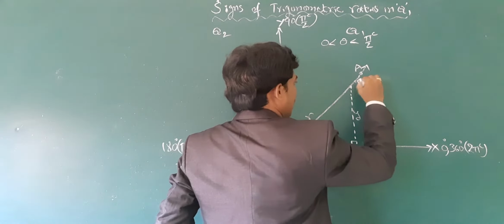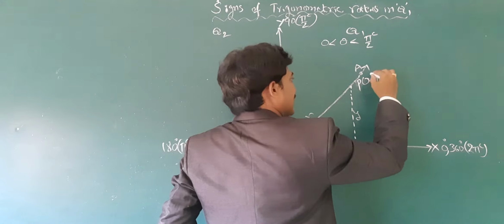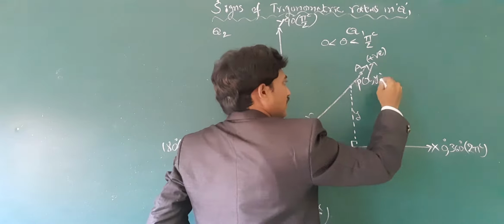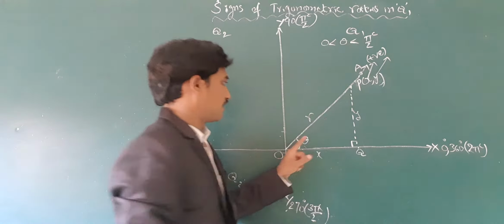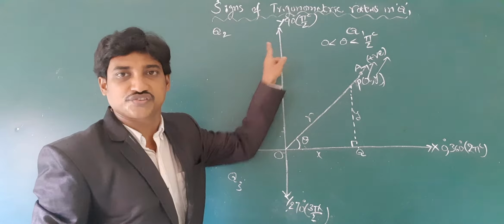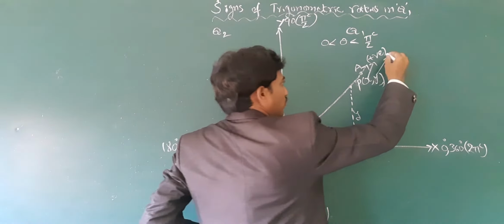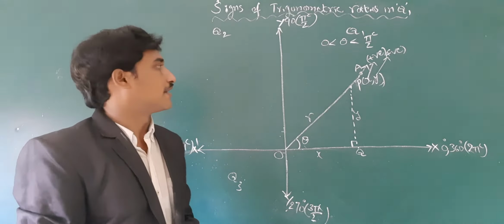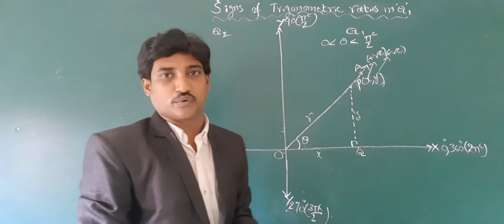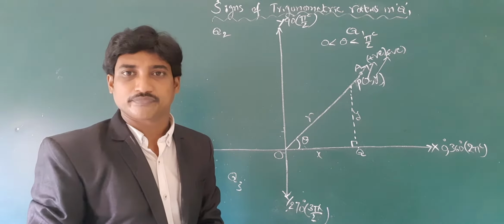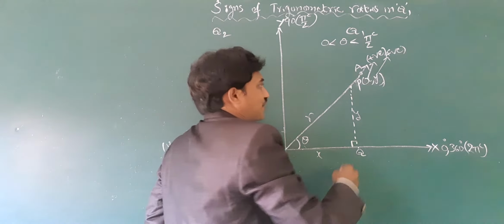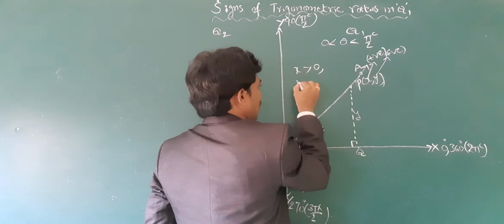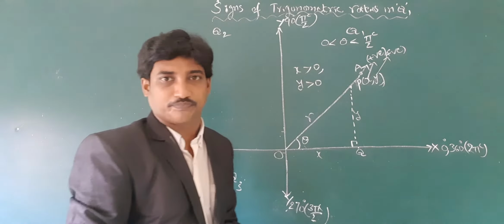In P(x, y), Y is towards the positive Y axis, so Y is also a positive quantity. When 0 less than theta less than pi by 2, when theta is in the first quadrant, X is greater than 0 and Y is greater than 0, both are positive.